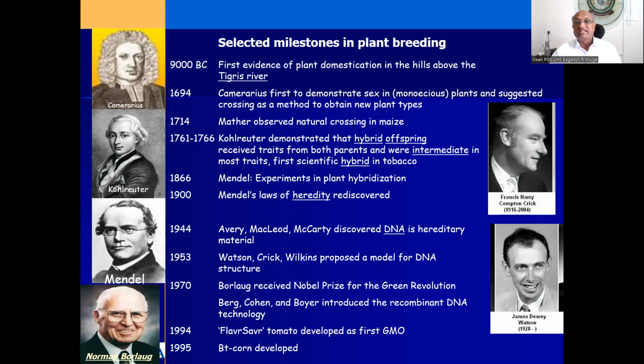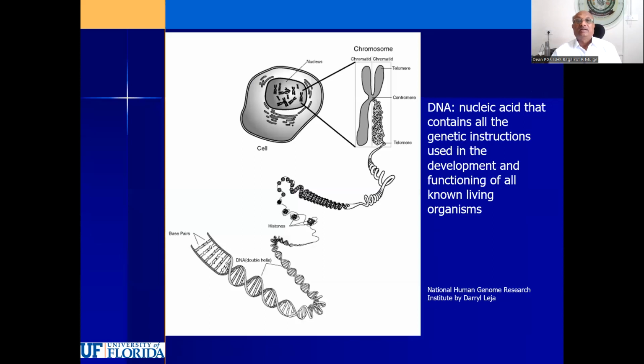Some of these scientists' photographs can be shown. This is the chromosome, DNA, the nucleic acid that contains all the genetic instructions used in the development and functioning of known living organisms. In one phase it unfolds, then it contracts and is situated in the nucleus.